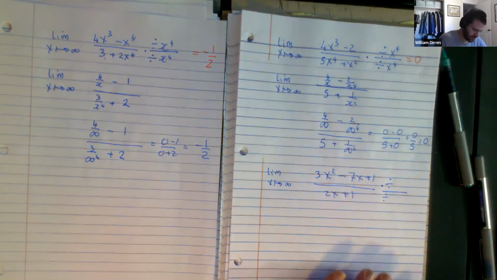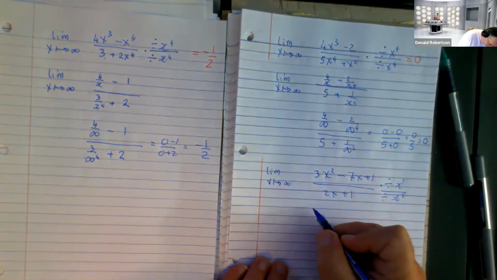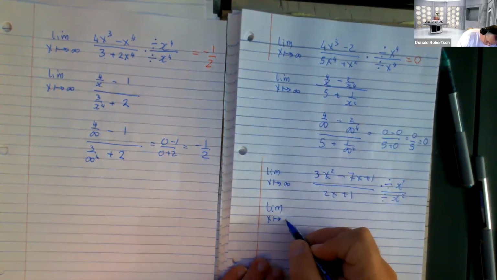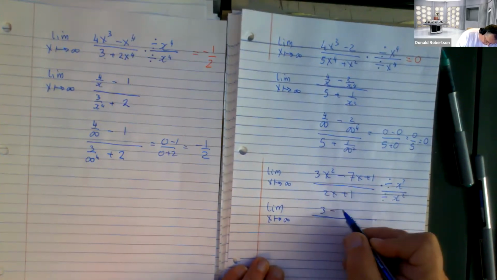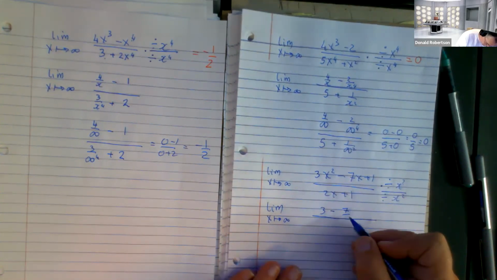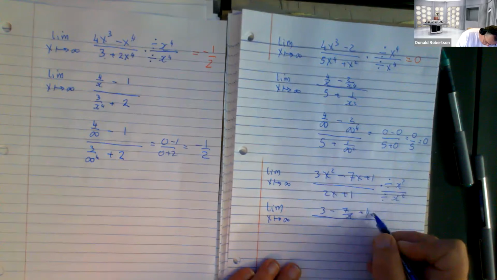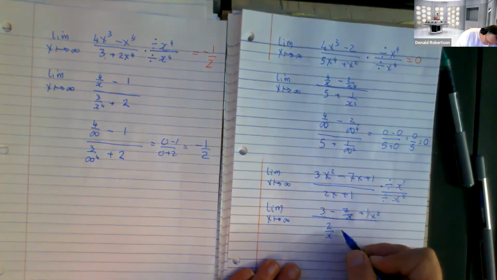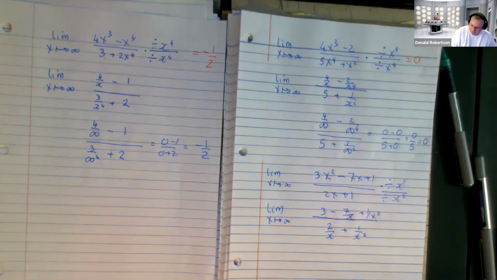Squared. Okay. Let's see where that leads us. Three, take away 7 over x, 1 over x squared. 2 over x plus 1 over x squared. So far, so good.